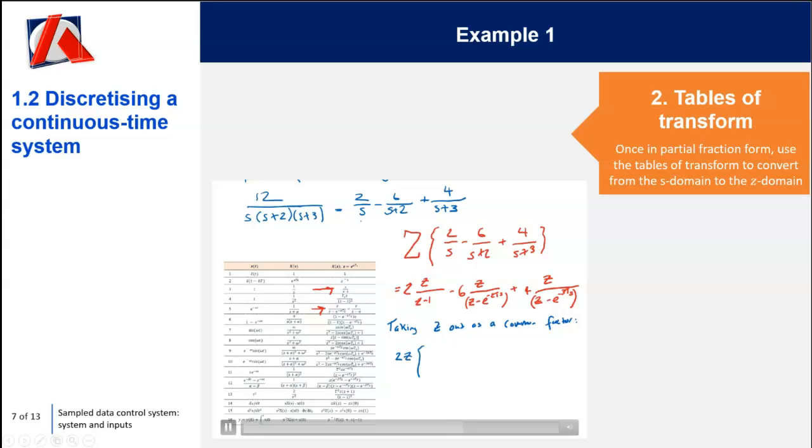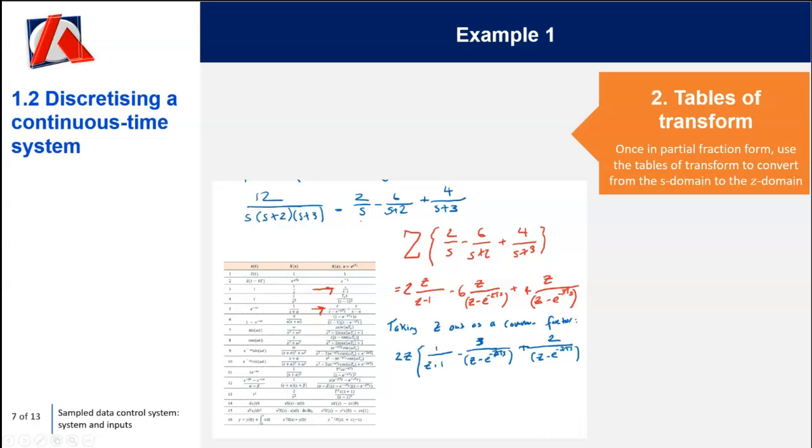So in this case we end up with 2z, multiply 1 over z minus 1, minus 3 over z minus e to the minus 2ts, plus 2 over z minus e to the minus 3ts. So now we've got that converted into the z domain.